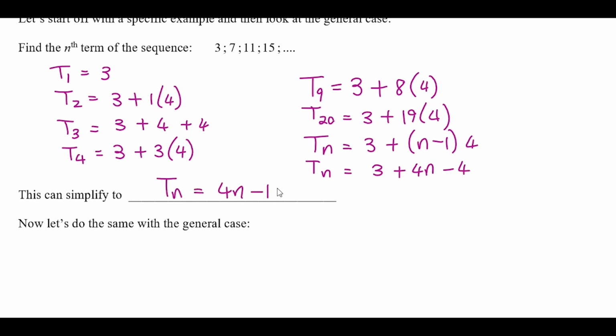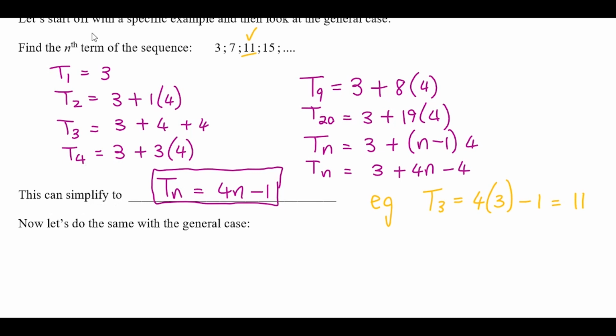Now we've got a general rule for that particular sequence, where we can find the nth term by just choosing a value for n. So for example, T3, if we use our formula, will be 4 lots of 3 minus 1, which is 11. 1, 2, 3, there it is.